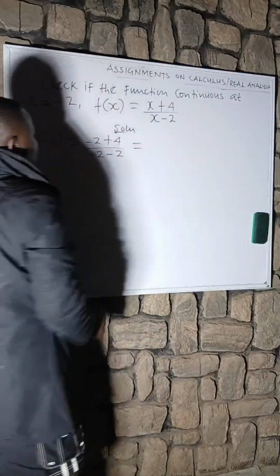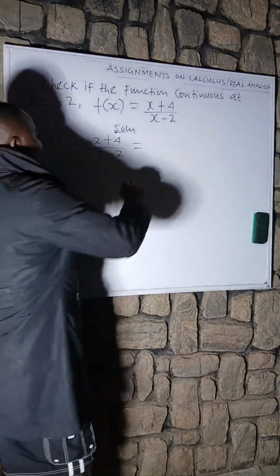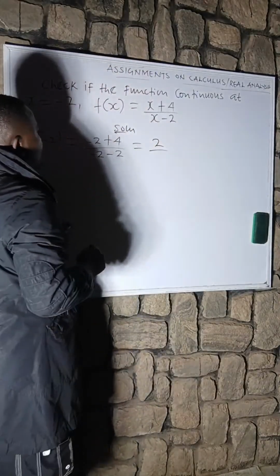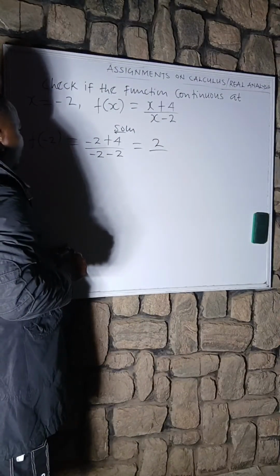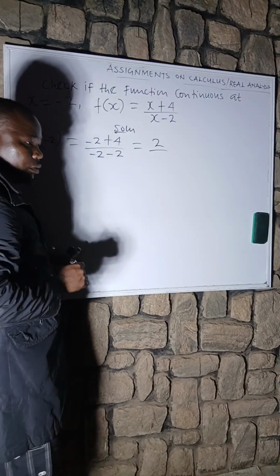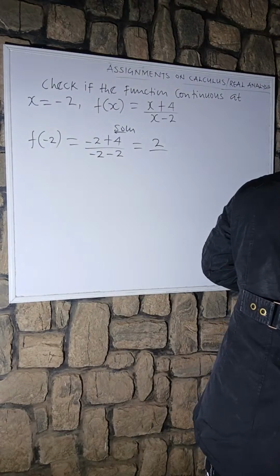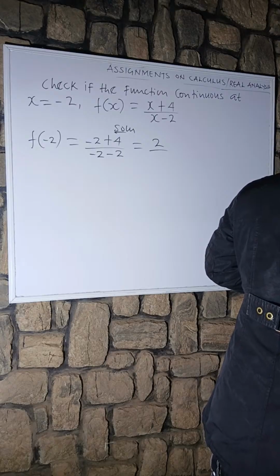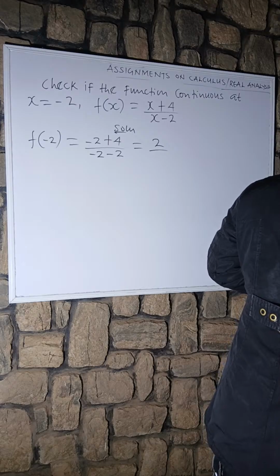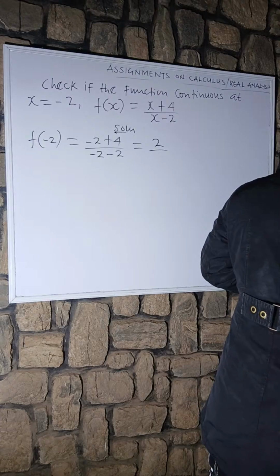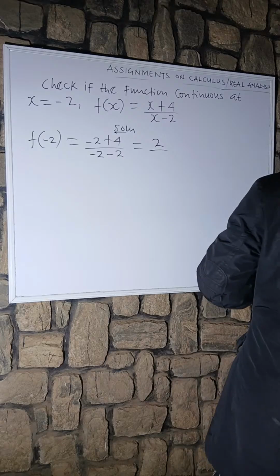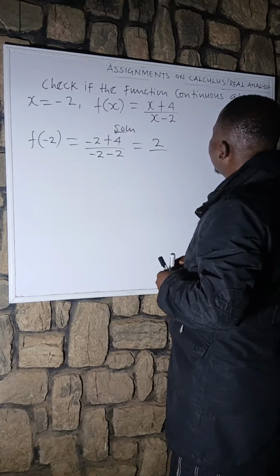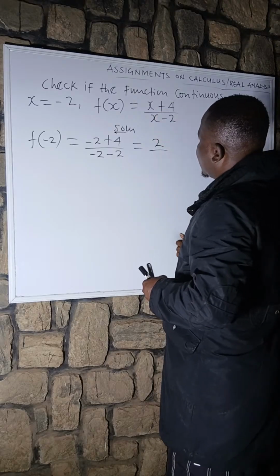So this is equal to minus 2 plus 4, which is plus 2, then all over... I think here it is squared.